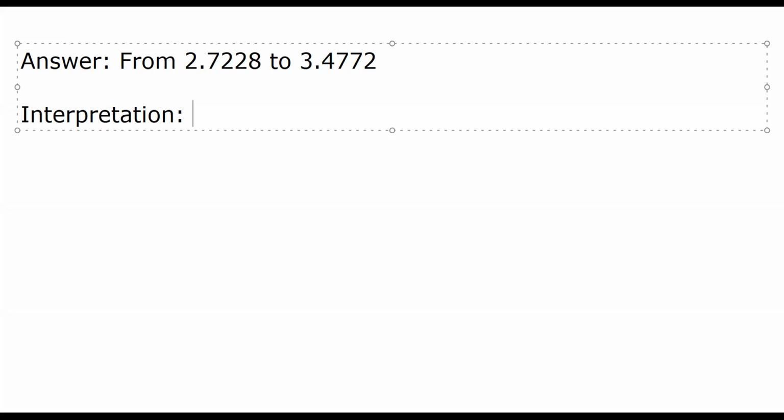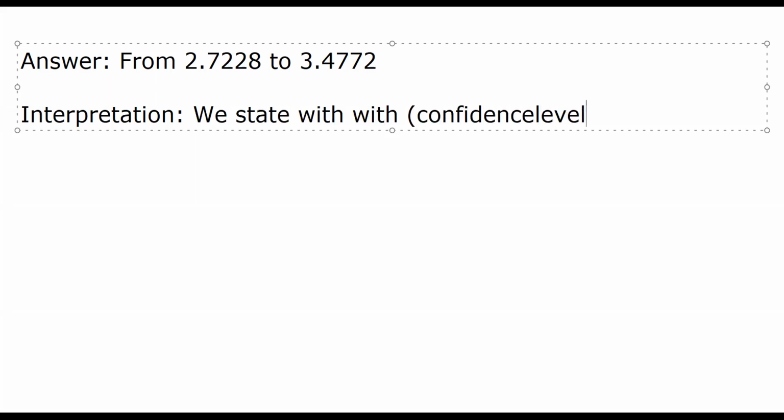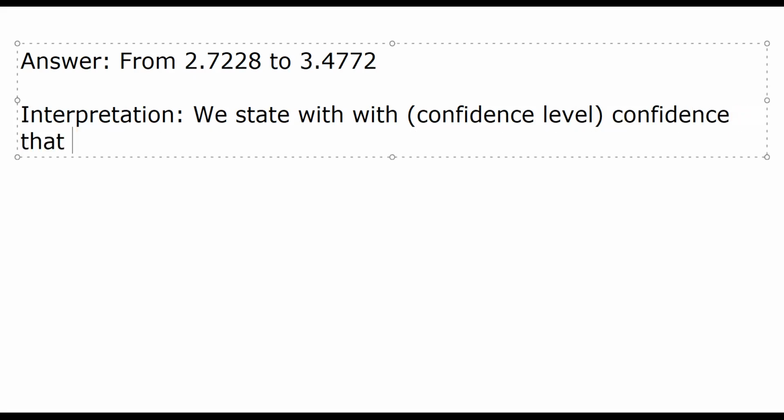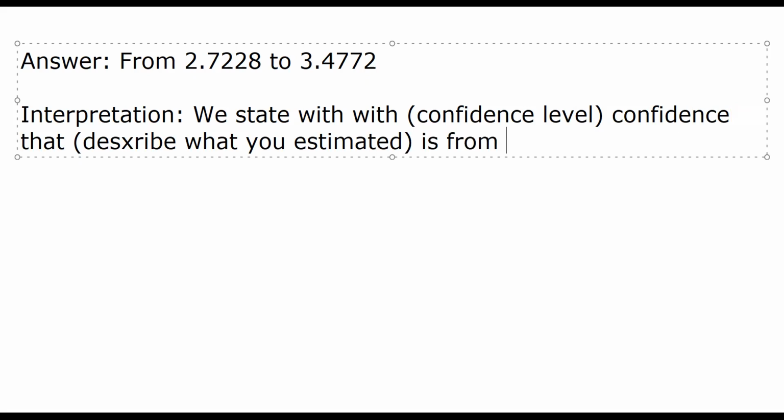The interpretation goes something like this. We state with, and then you state your confidence level, or confidence. State with whatever confidence that, then you describe what you estimated. Then I can type is from, and then you write your interval.